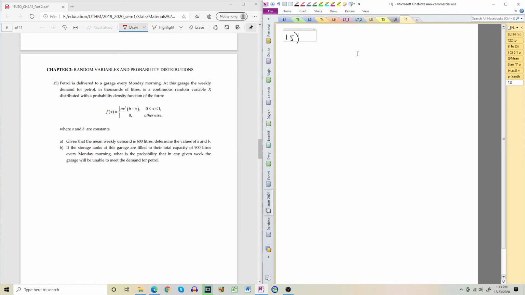At this garage, the weekly demand for petrol in thousands of liters is a continuous random variable. The probability density function is given there. Given that the mean weekly demand is 600, determine the values of a and b.